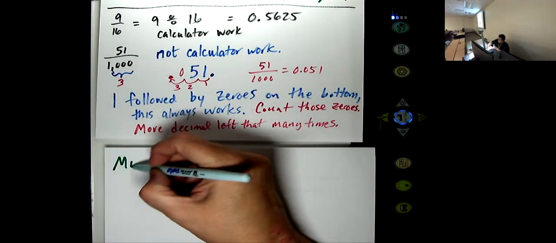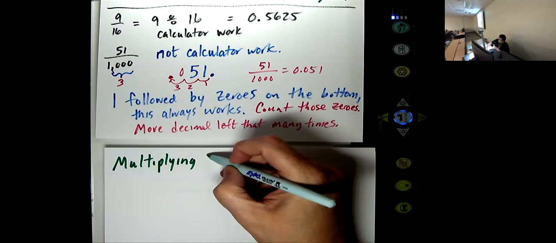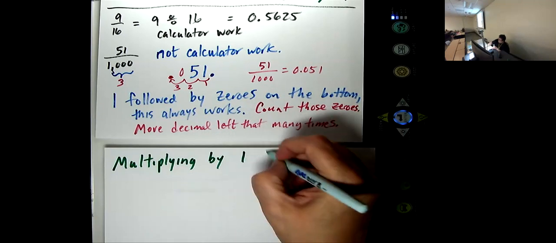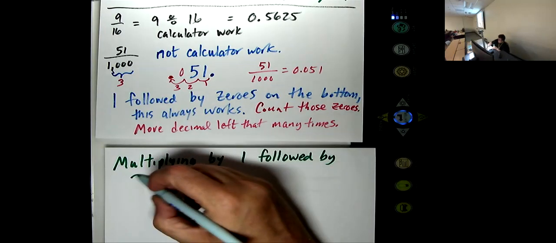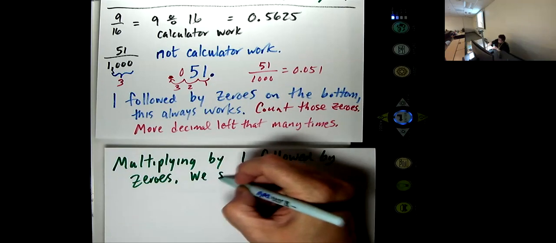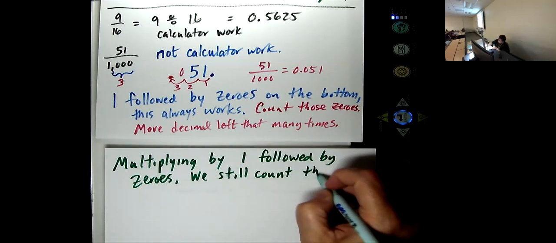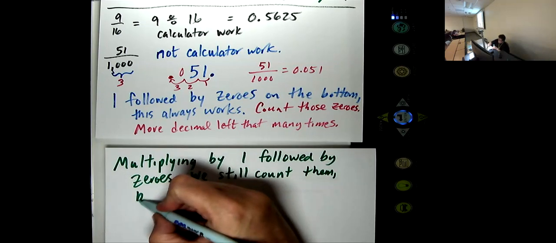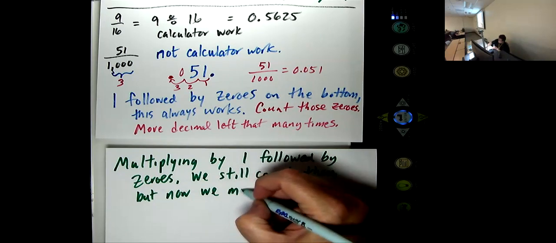Multiplying by 1 followed by zeros. We still count them. But now we move right. The decimal right.